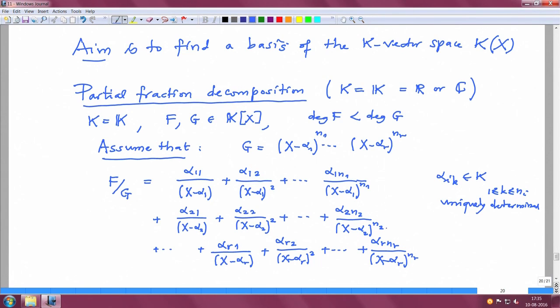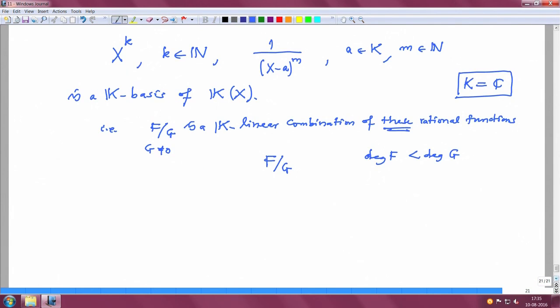So what this partial fraction decomposition precisely means is that this rational function can be written as a finite k-linear combination of these special rational functions. Therefore it is a basis, and now you see this basis is bigger. It is also nice because this was the basis of the polynomial ring and we have extended it to a basis.